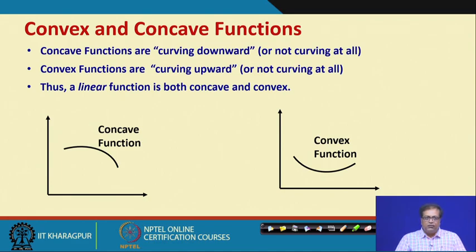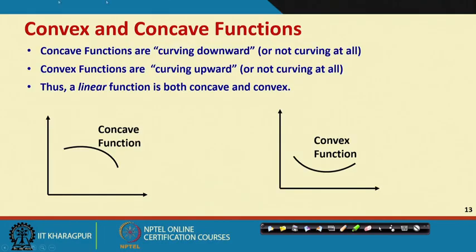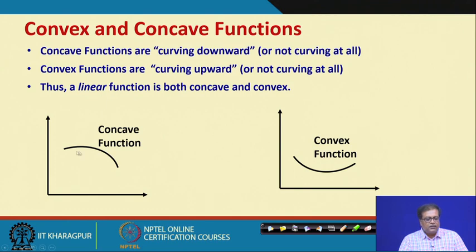A very important thing to note is that a maximization problem will have a maximum point. You can see with this concave function, these kinds of functions, you can find the maximum of a variable, whereas with the convex function you can have the minimum of the function.